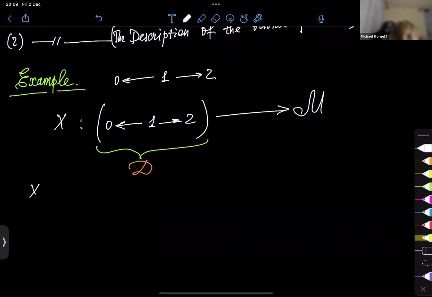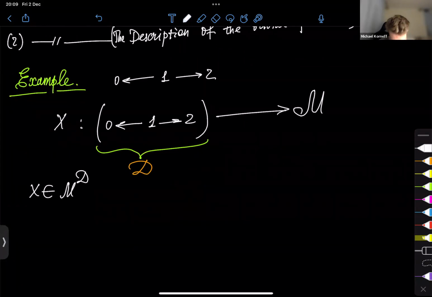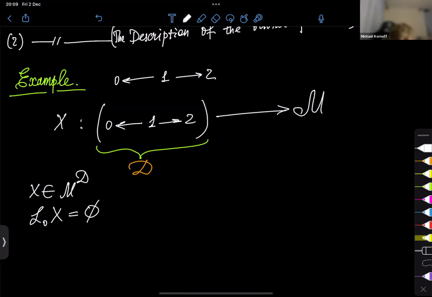So we know that X is in a category of diagrams from D to M, and what is the zeroth latching object of X? You can see that this is just the initial object.